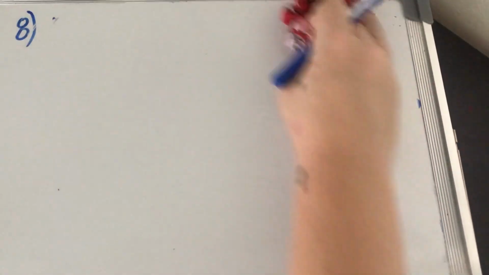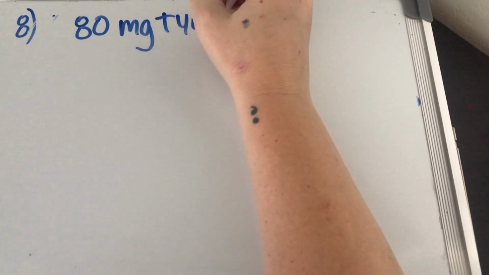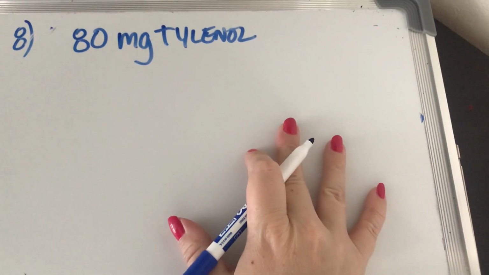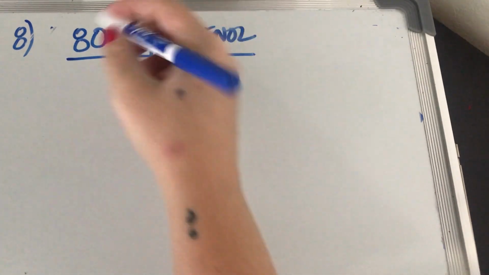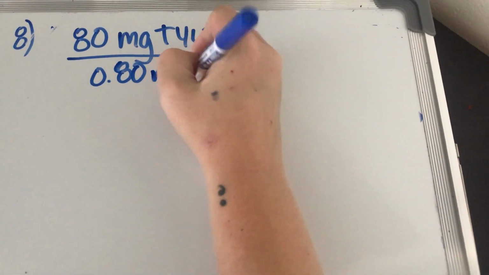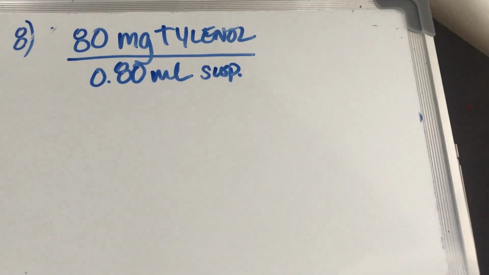So I'm going to rewrite these in a more detailed form. I have 80 milligrams of Tylenol per 0.80 milliliters of suspension.